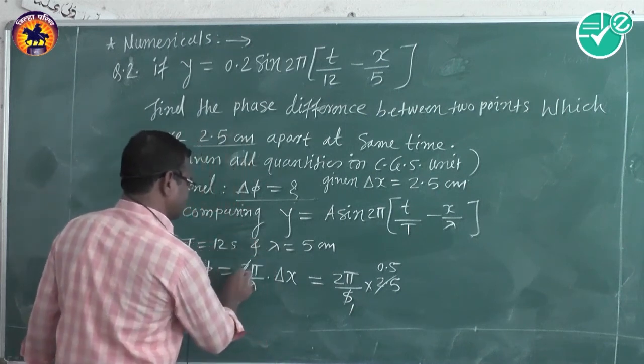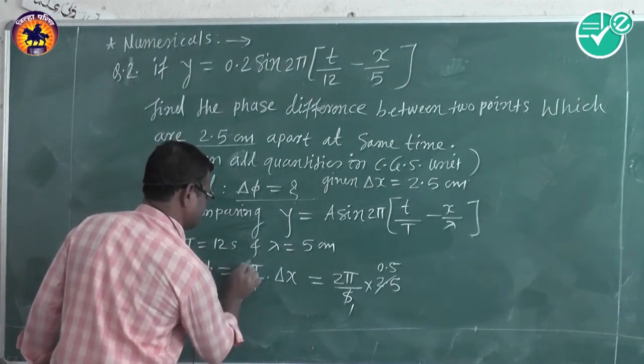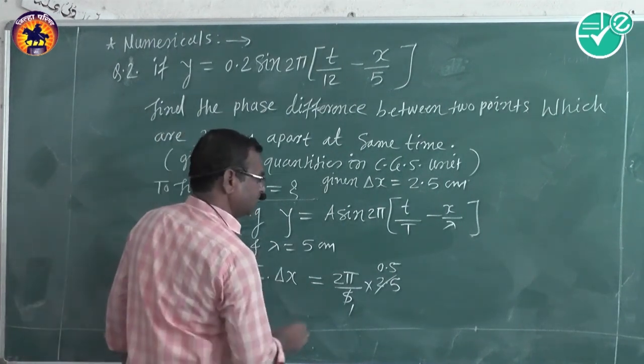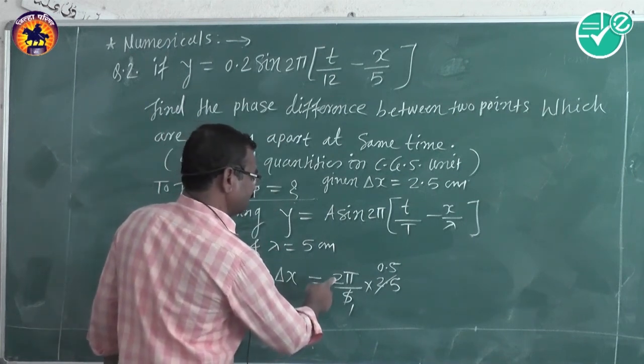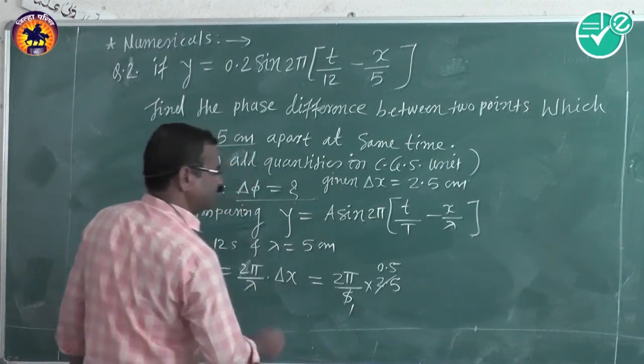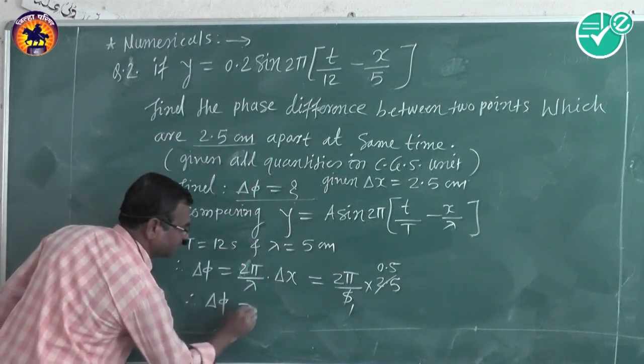Again with the 2, delta phi is equal to 2 into 0.5.